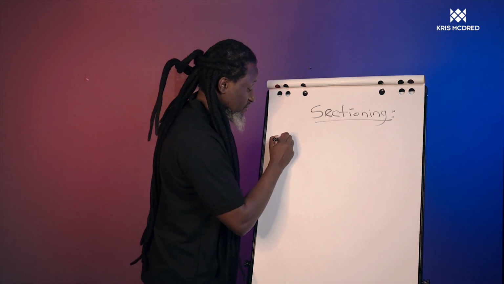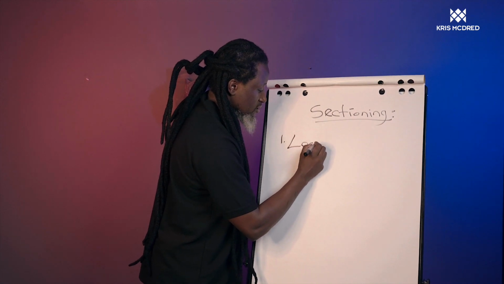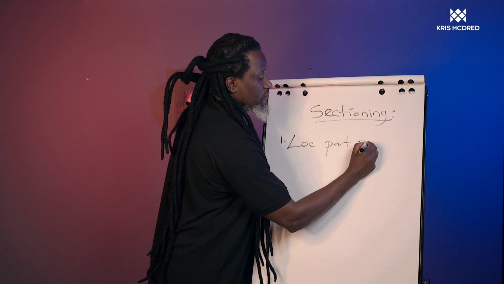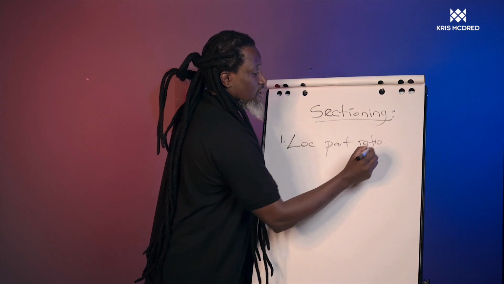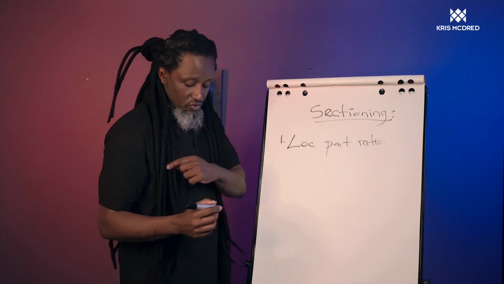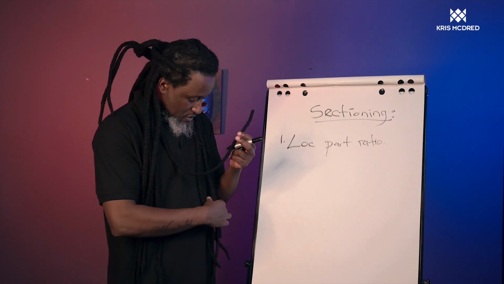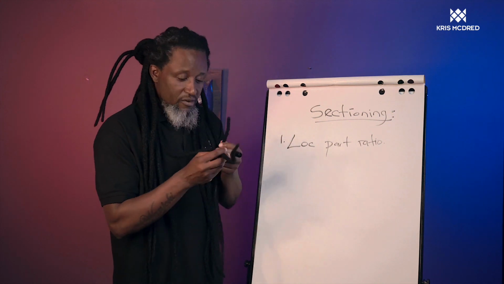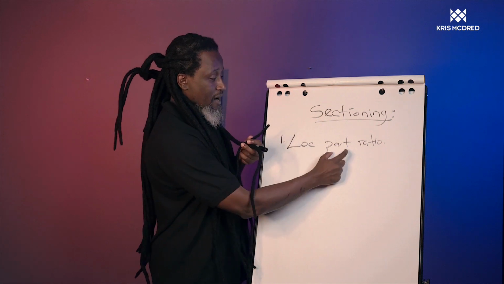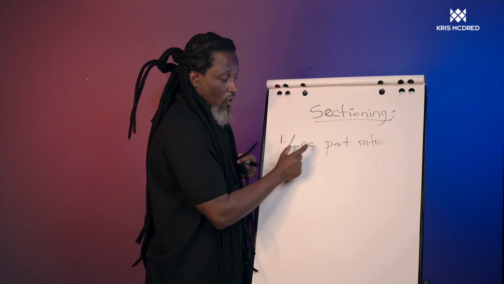So the first thing that is very important is loc part ratio. And loc part ratio means just that. So if my loc is this size versus my loc being, let me find a bigger one, this size, which is bigger, what part do I need to section on the head to get the loc that I want?